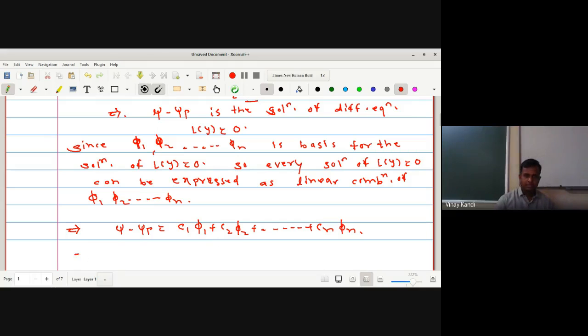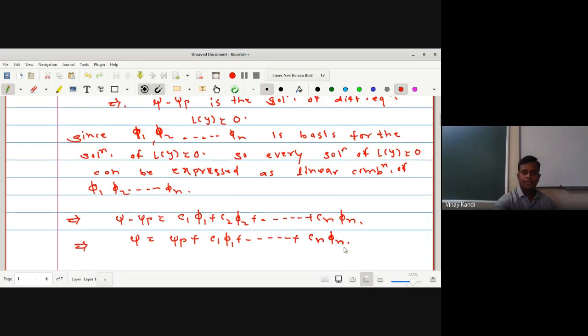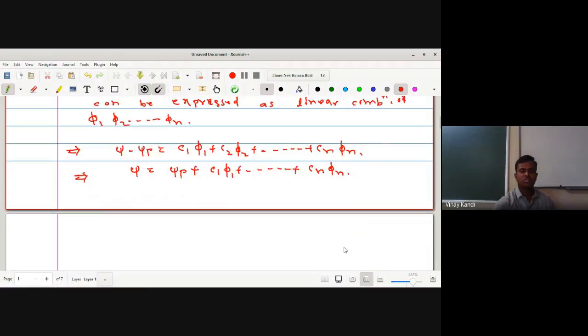It implies psi is equal to psi p plus c1 phi 1 plus up to cn phi n. Any doubt up to here? So any solution psi is in the form of psi p plus c1 phi 1, c2 phi 2 up to cn phi n. This is the first part of the theorem. Now the second part.